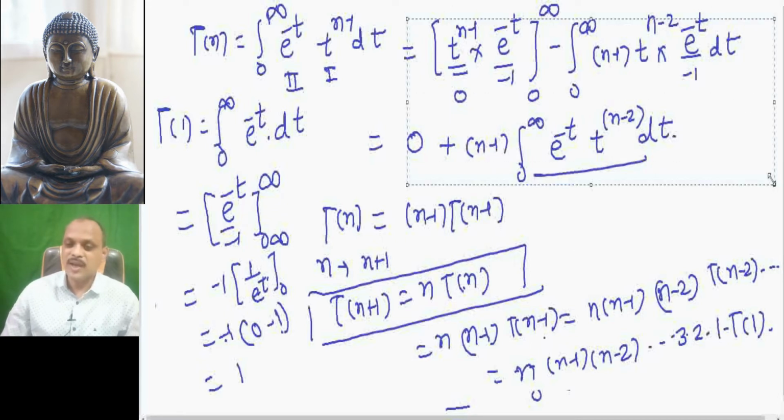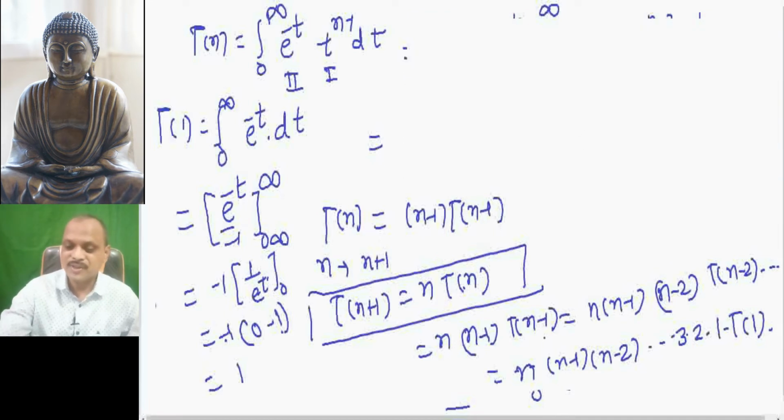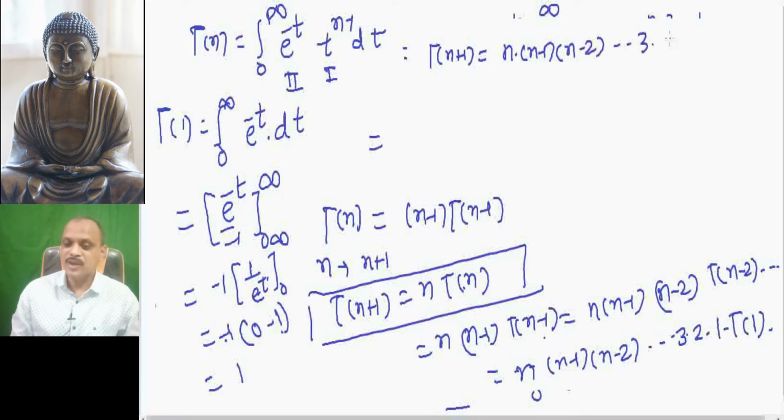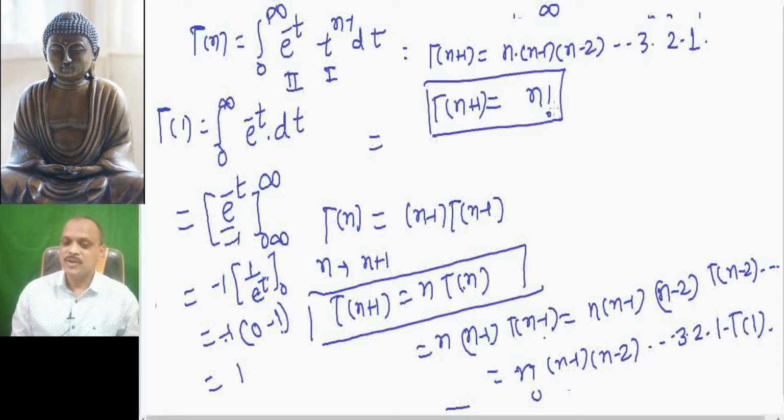Then substituting gamma of 1 equal to 1, another important value of this gamma function is gamma of n plus 1 equal to n into (n minus 1) into (n minus 2) up to 3 into 2 into 1, and we know that this is n factorial. So gamma of n plus 1 equal to n factorial. This is an important result about the gamma function.